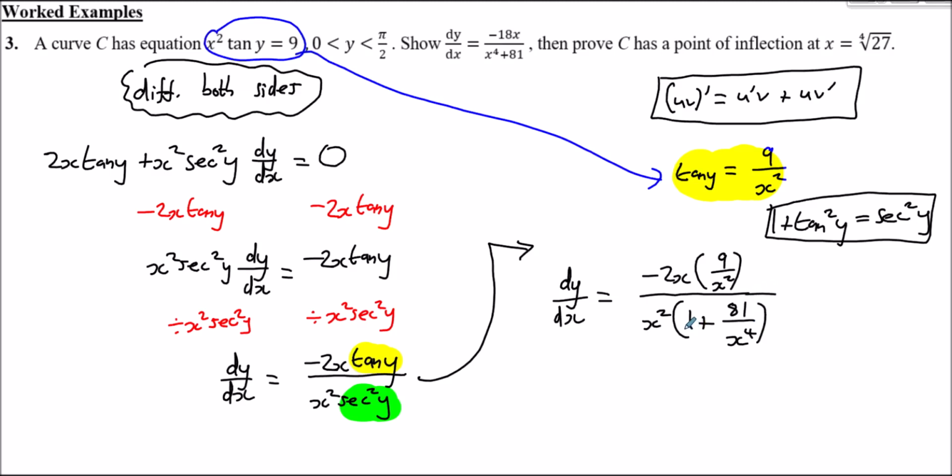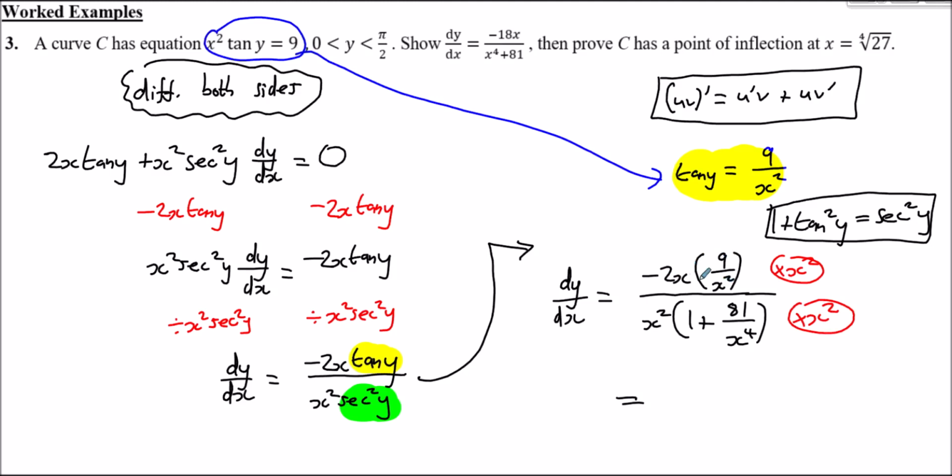This obviously looks quite unwieldy. What I'm going to have on the bottom of this fraction here is going to be an x squared. Now I don't want anything on the bottom of a fraction. So if I multiply both numerator and denominator by x squared, I'll get the required result. So minus 2 times 9 is 18.